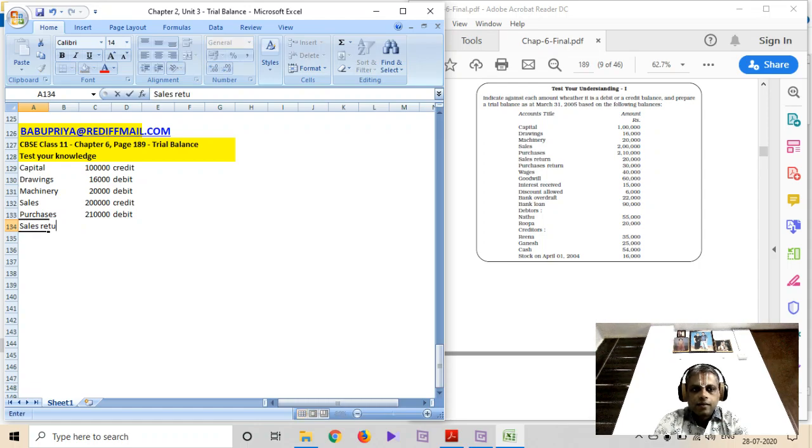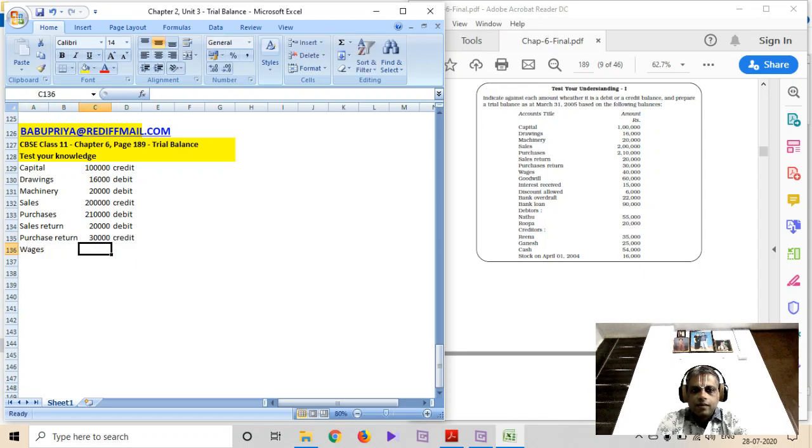Sales return, it is 20,000 debit. Purchase return, it is 30,000 credit.